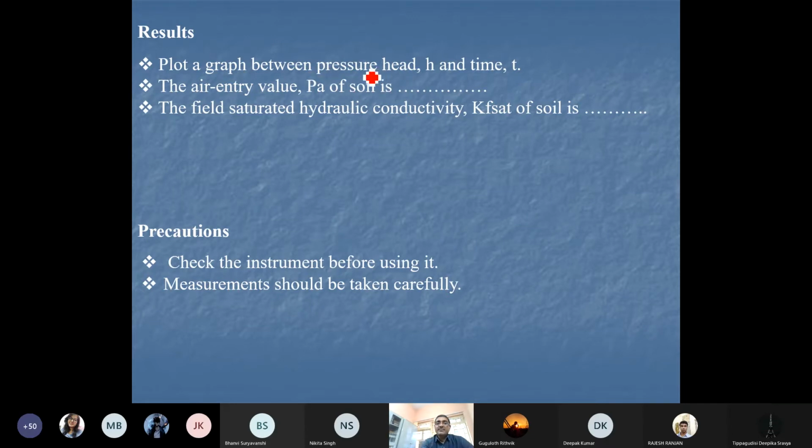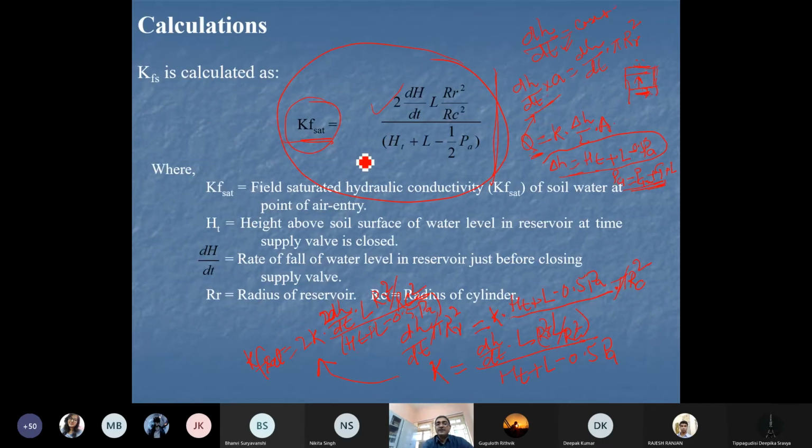First part is the relationship of pressure head and time in the reservoir. What is the pressure head with respect to time, so that we can find dH by dt. Then the air entry value, or maximum suction, or minimum pressure of soil that we have measured by using the suction gauge, and then we can estimate the field saturated hydraulic conductivity of soil, K field saturated condition, by using this relationship here.